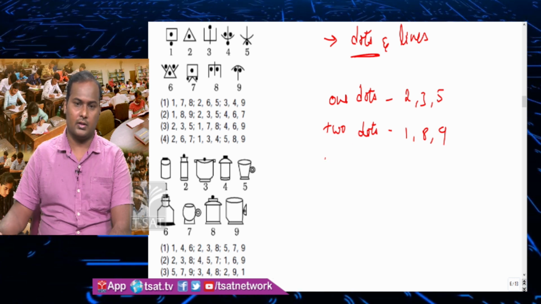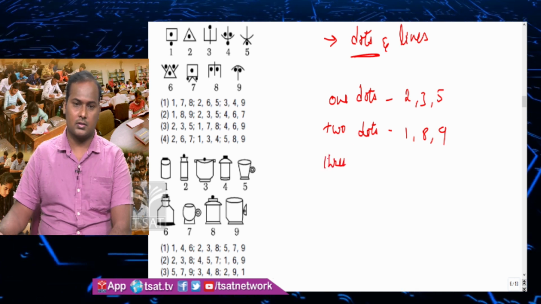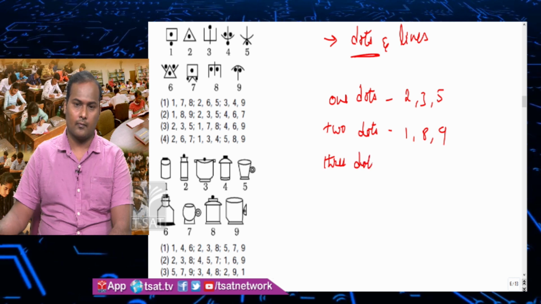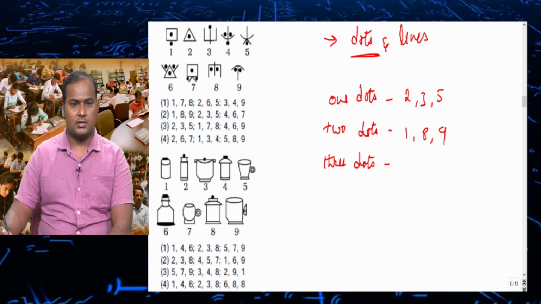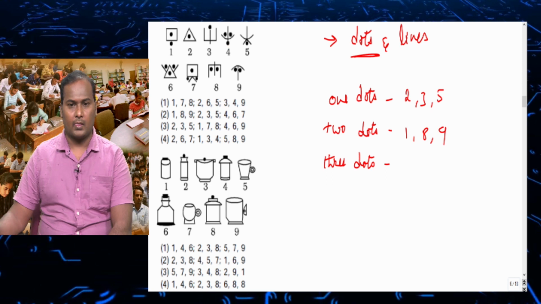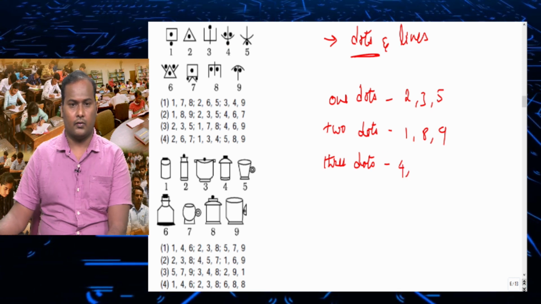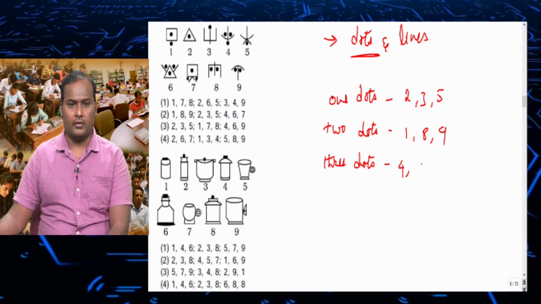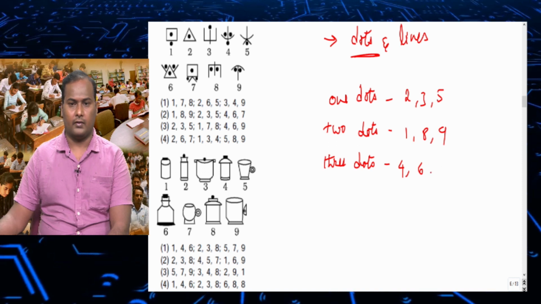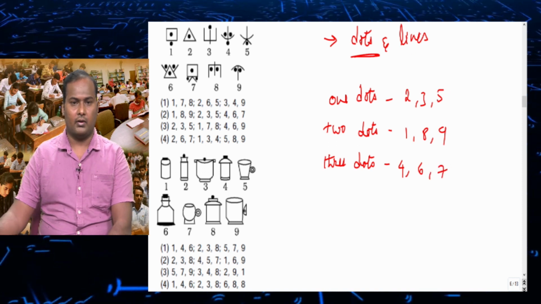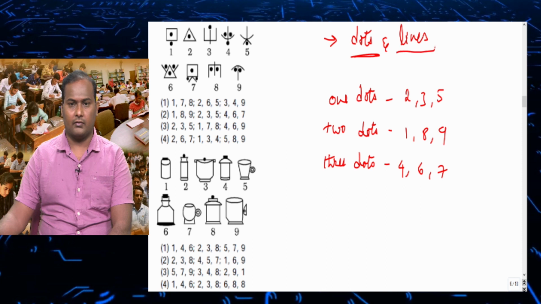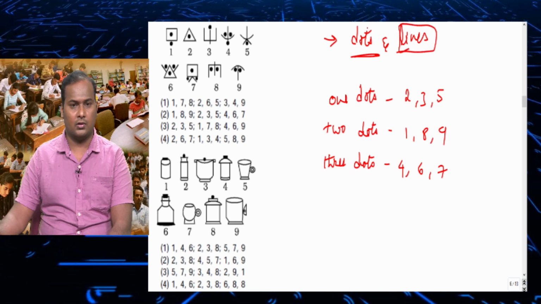And finally the last one is 3 dots. See, 3 dots are present in figure 4, figure 6 and figure 7.